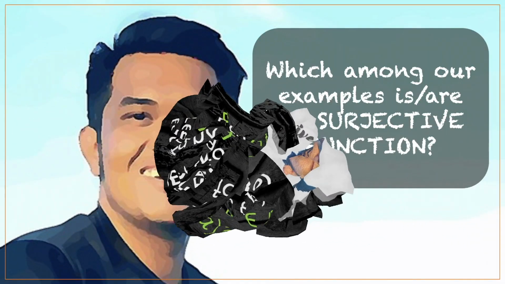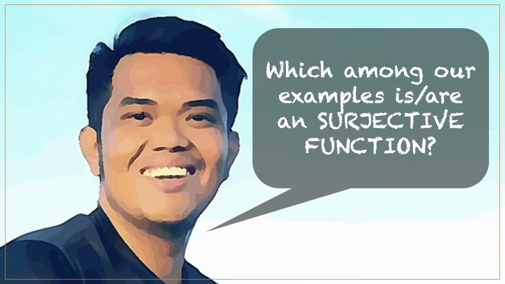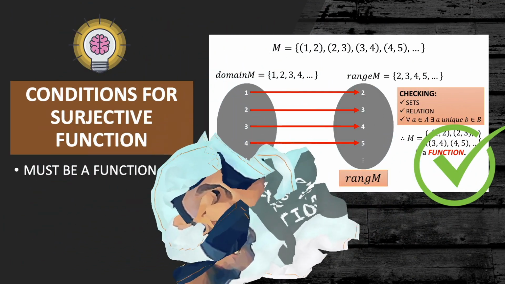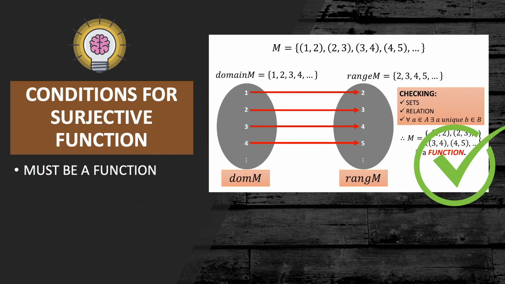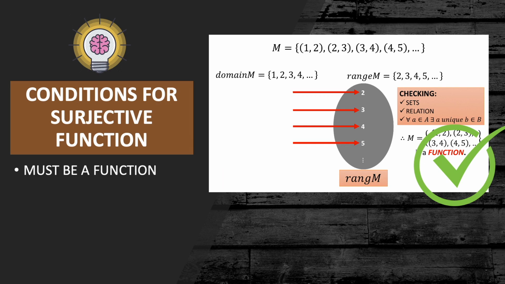Let's try the first example. Set M is a function and it is an injective function. Is it also a surjective function? Let's check for the second condition. Similar to what we previously did, we will cover the domain M because our focus now is the codomain.